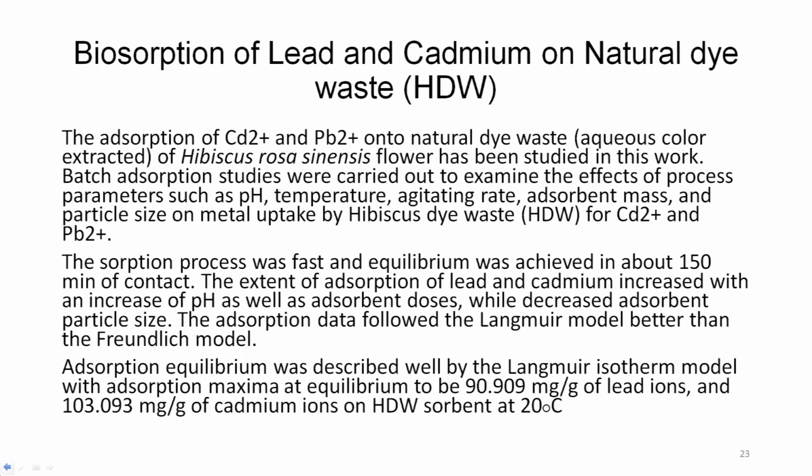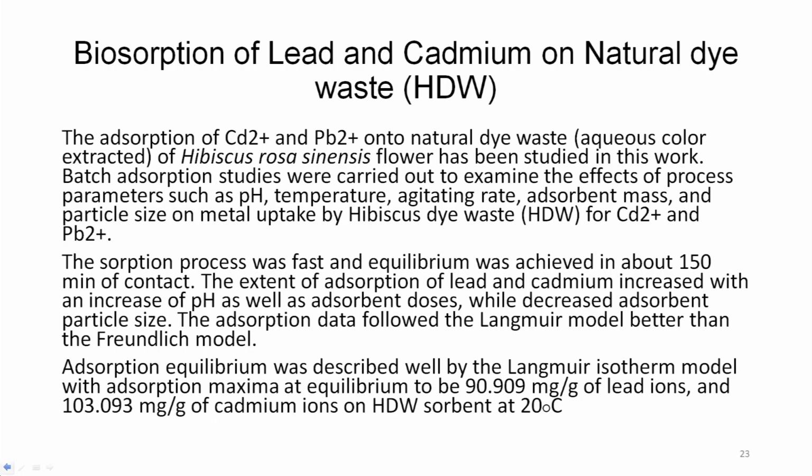Batch adsorption studies were carried out to examine the effect of process parameters such as pH, temperature, agitating rate, adsorbent mass and particle size on the metal uptake by hibiscus dye waste for cadmium 2 plus and lead 2 plus species.